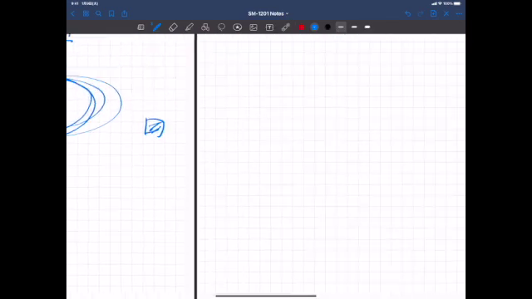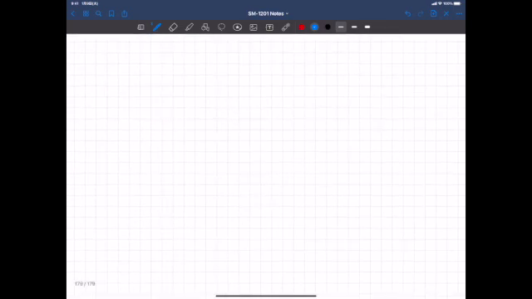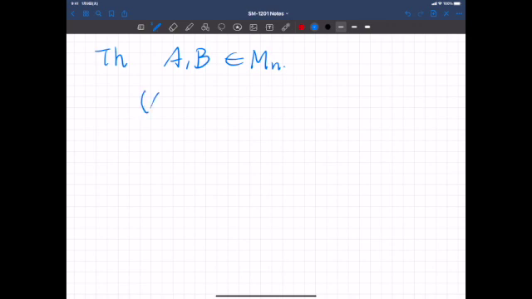Finally, we prove a little theorem involving the inverse of a product of matrices. So let's say A and B are matrices that are invertible, that have inverses, and then the inverse of A times B is equal to B inverse times A inverse.